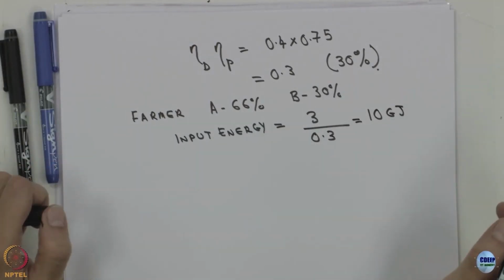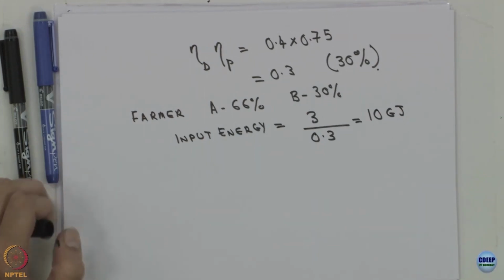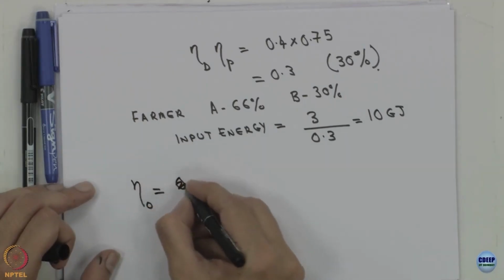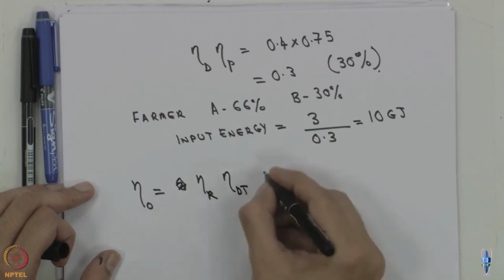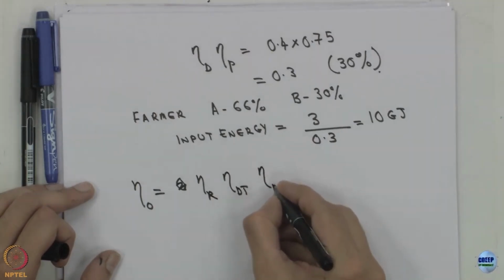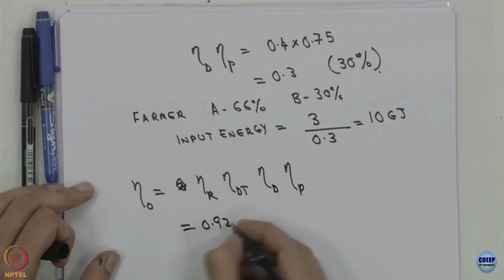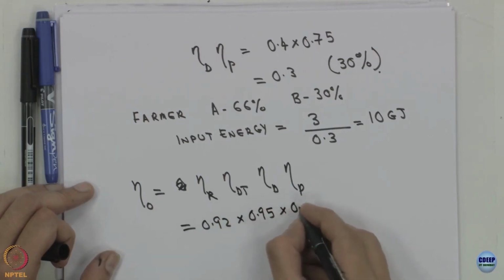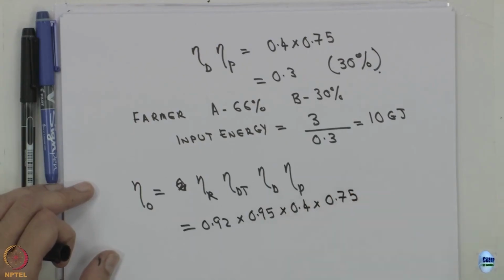Let's look at now the overall efficiency. Refinery is 0.92, diesel transport is 0.95. So the overall efficiency is going to be eta r into eta dt into eta d into eta p: 0.92 into 0.95 into 0.4 into 0.75.